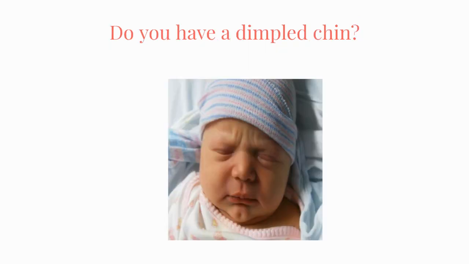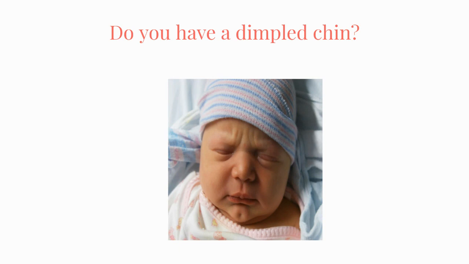The next trait I want to talk about is having a dimpled chin. Some people also call it a cleft chin, and it's kind of like an indentation at the center of your chin. It's as a matter of fact a result of a genetic defect that causes the left and the right side of your jawbone muscles not to fuse together. And I have a cleft chin, which means my right and my left jaw haven't completely fused.